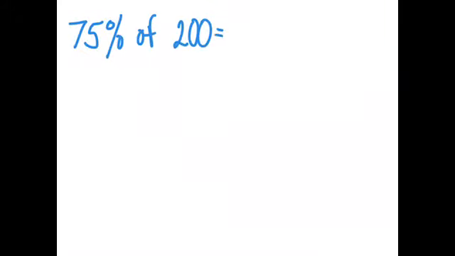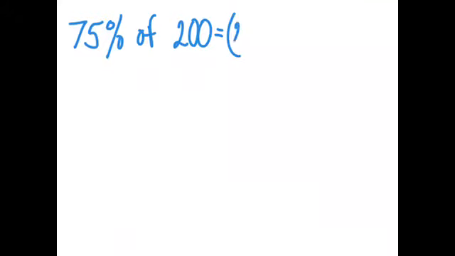So if we were looking at 75% of 200, we think about the same process. But this time we've only written 2 numbers. We've got the 200 and the 75. We have to think of the percentages as 100. And then we do the same working out as we did with the fractions.